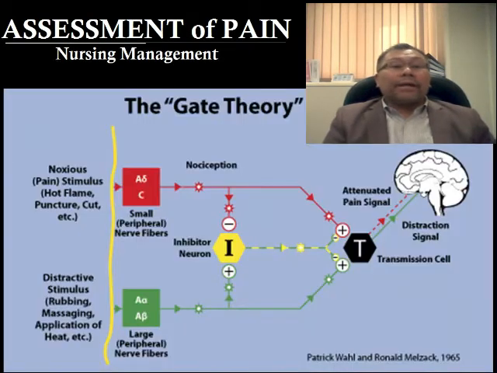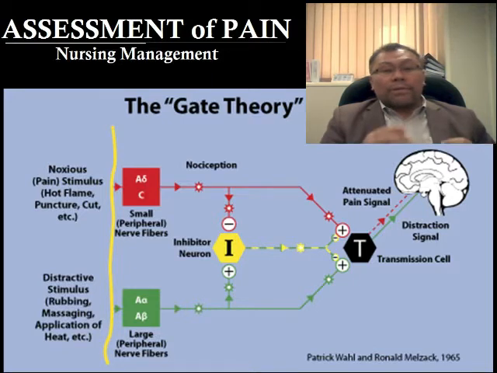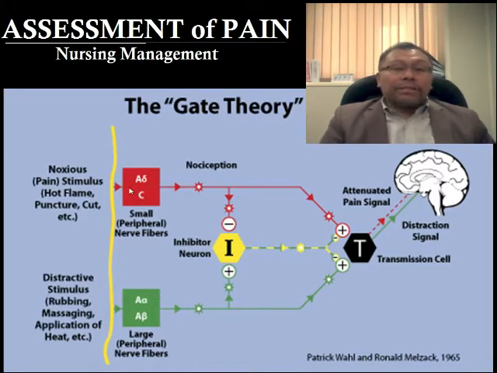From here, we have the noxious stimuli, which are experienced by our patient suffering from pain, because of a hot flame, or a knife injury, a puncture, a cut, or a destructive stimulus.